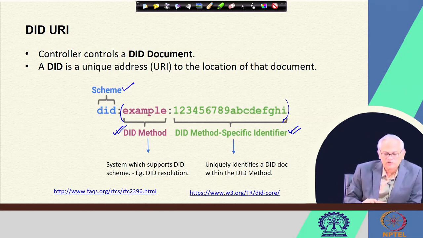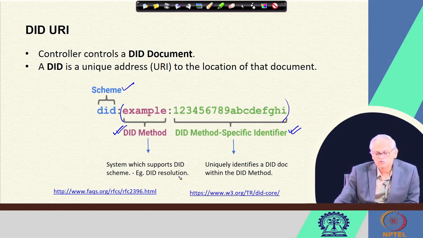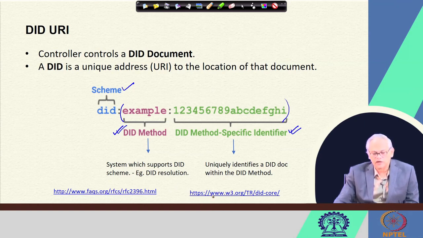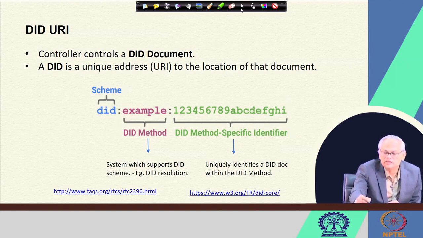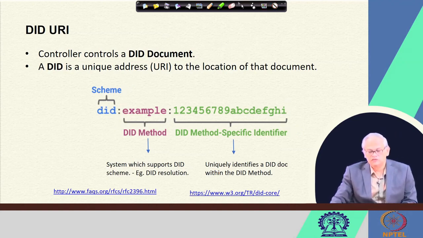Now, it is very important that you go through these websites once again. One of them we had already mentioned in our last lecture, and that is this W3C recommendation. I am once again showing it to you for your benefit, so that you can take a look at this particular site.